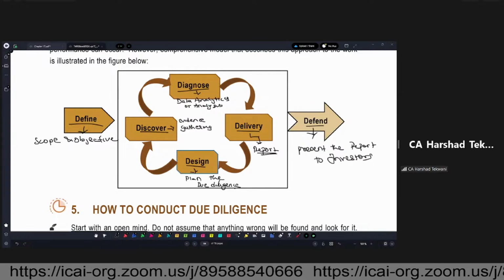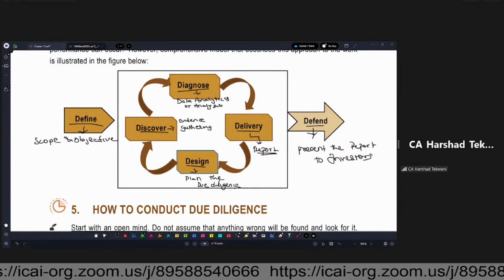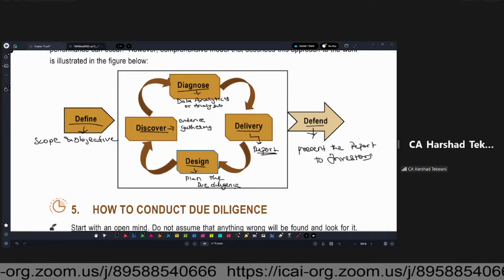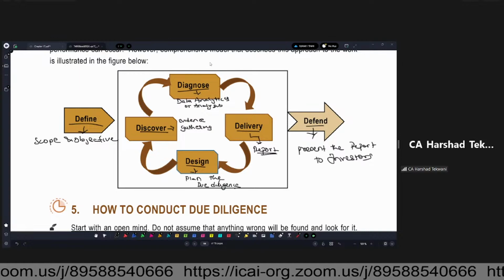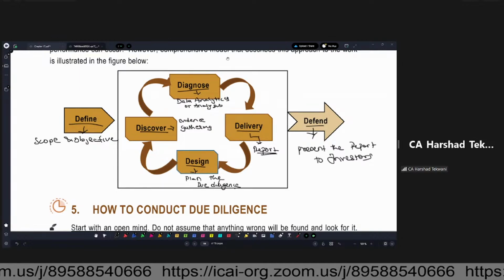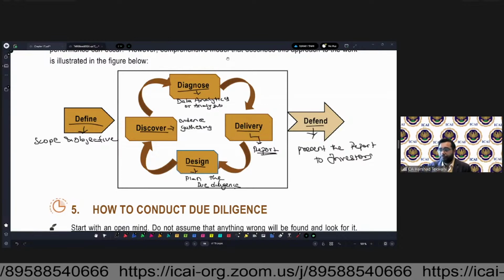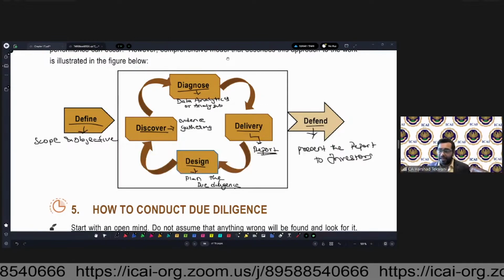So we are not talking about the areas of due diligence, but the details pertaining to the process involved in the due diligence. Okay, I hope we are clear till here.